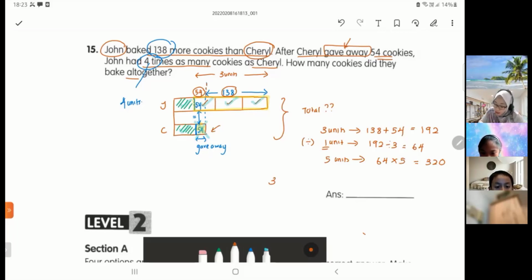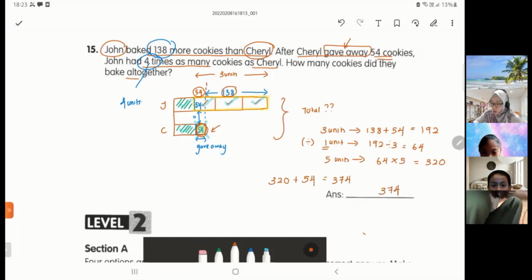So I must take back 320 plus what she gave away, equals 374. But this one doesn't equate to 1 unit. It's just 54 on its own. It's not enough to go into 1 unit. So it's extra. So she gave away 54. Once you find the total of 5 units, you put back the 54. Just take it back. Okay? And my answer is 374. Answer.